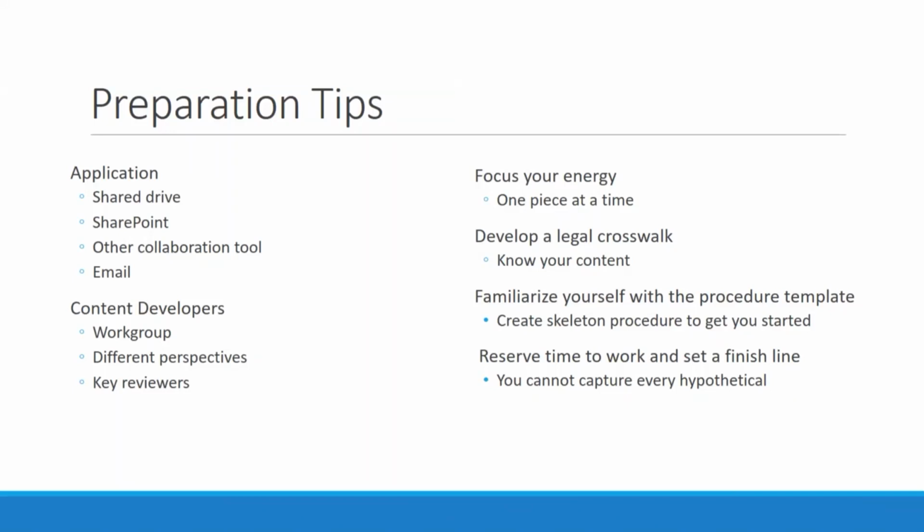Also think about if you have key reviewers, okay? So yes, you want different perspectives. You need to have a good work group, but you also know that the procedure you're working on is really going to have the most impact on a select group of people or a team. Giving them a heads up and letting them review prior to the big department review is probably a good idea.